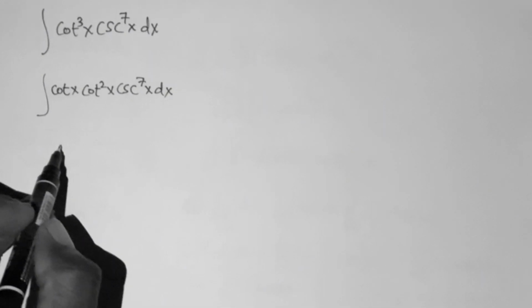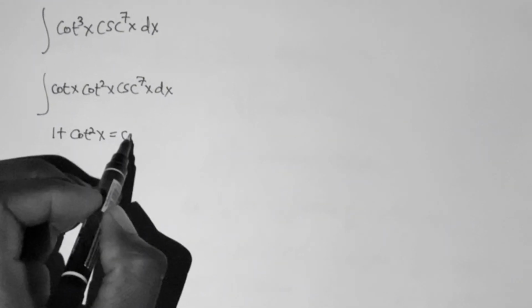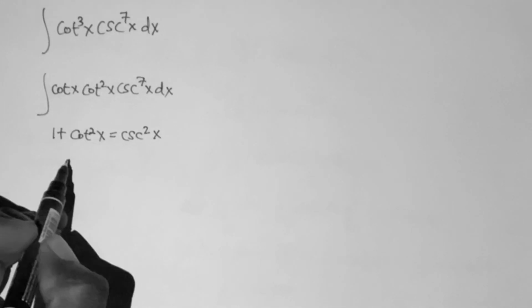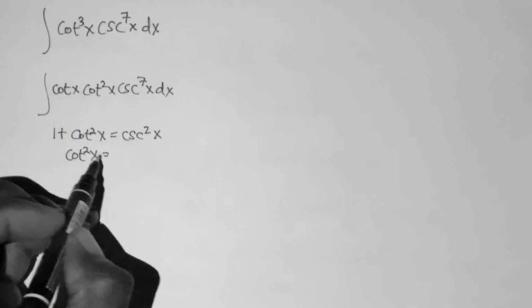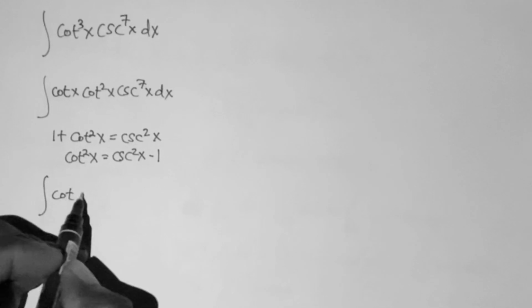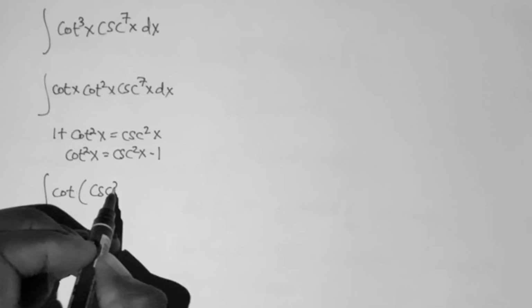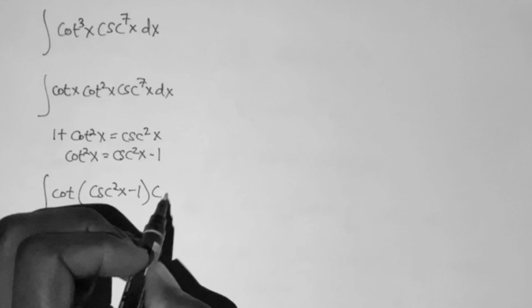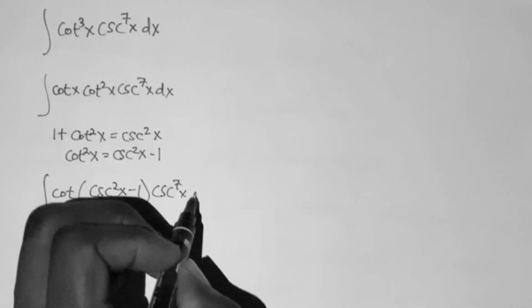And we know from trig identities that 1 plus cot squared x is equal to cosec squared x. So it implies that cot squared x is equal to cosec squared x minus 1. So this can become the integral of cot x times (cosec squared x minus 1) and cosec x exponent 7 dx.